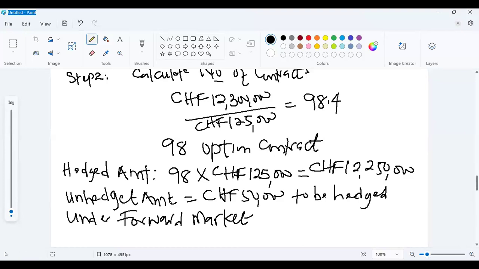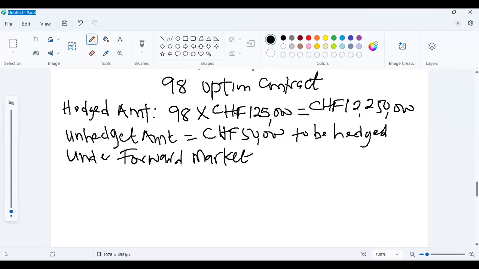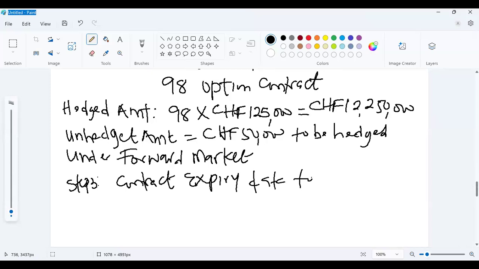Your step 3: determine the contract expiring date to use. This transaction will happen on 31st May, so the appropriate contract to use is the contract that expires after May.